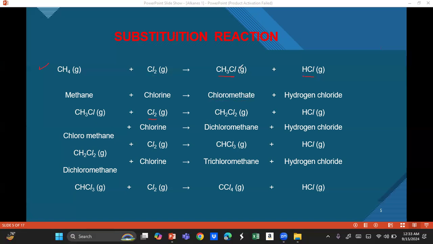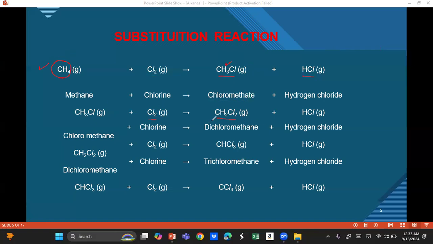So now this product, chloromethane, will further react with chlorine to make dichloromethane. Now two hydrogen atoms have been replaced. This reaction will remain continuous until all the hydrogen of the methane gas is replaced with Cl, meaning chlorine atoms from the chlorine.